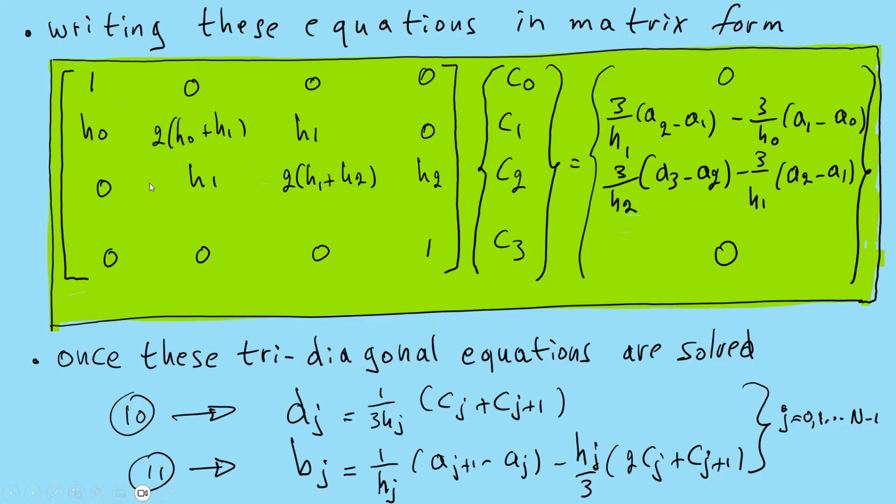And the middle rows come from applying the spline equations at the interior points. This results in a tridiagonal system that we solve to find the coefficients C sub 0 to C sub 3. Once we find the C values, we can easily compute the remaining coefficients, meaning D and B, by using these equations.